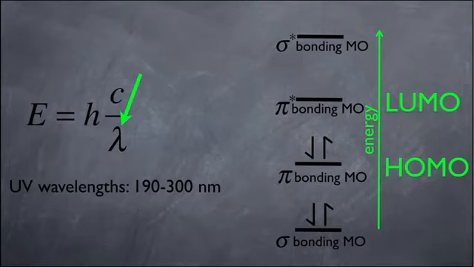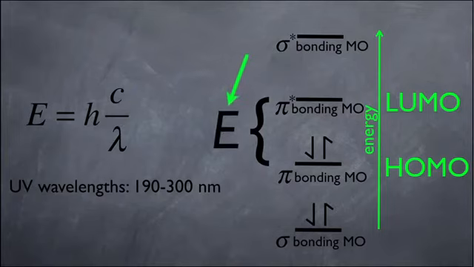These UV waves have certain energies associated with them. And it just so happens here that the difference in energy between HOMO and LUMO, that difference in energy from HOMO to LUMO, corresponds to the energies that those UV wavelengths have.